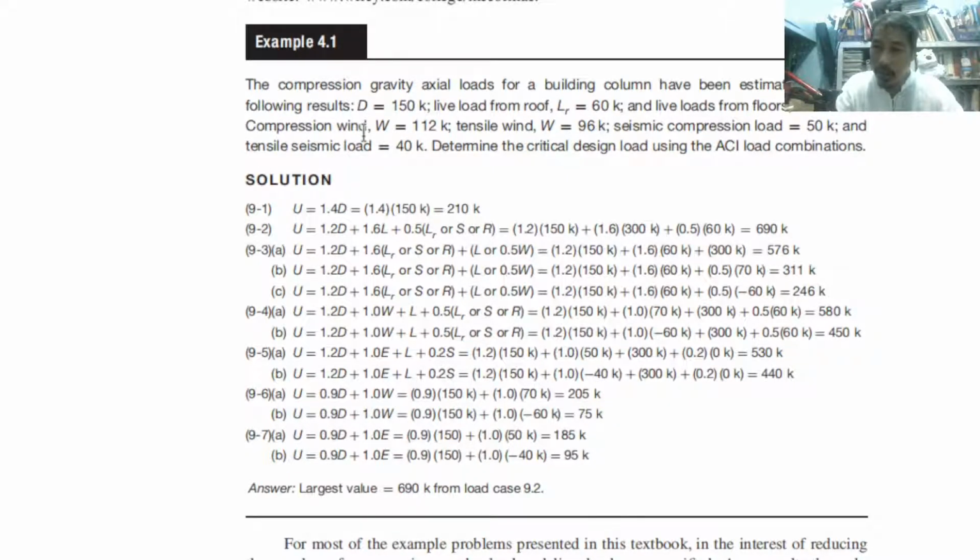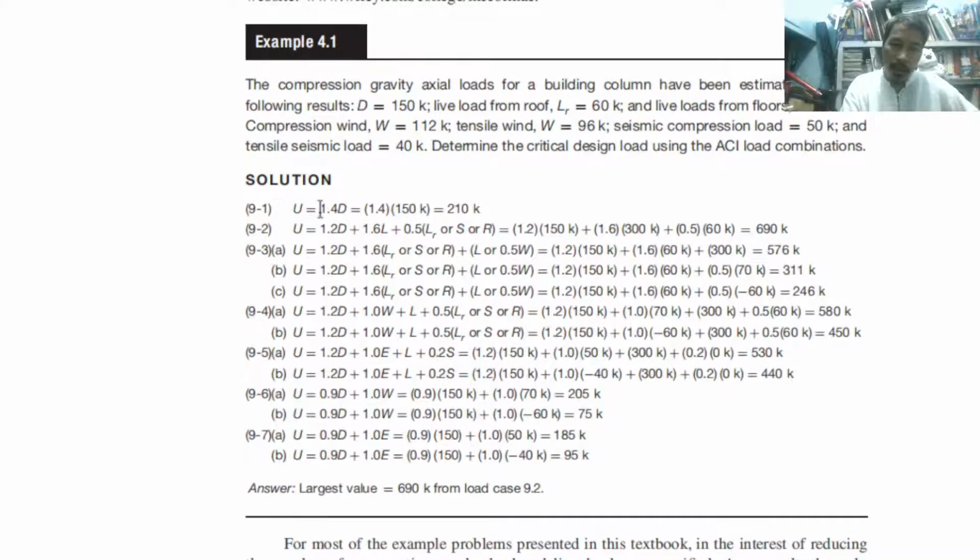The difference is the direction. They are opposite from each other. So tension wind is 96 kips. Compression wind is 112 kips. Seismic compression 50 kips. Tensile seismic 40 kips. Okay. So therefore, determine the critical design load using load combination. Solution.